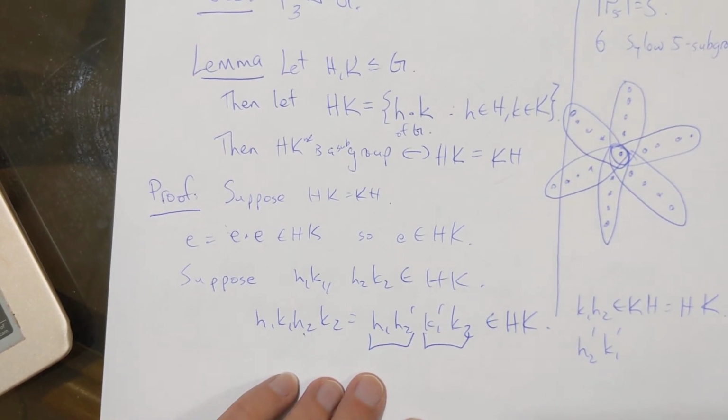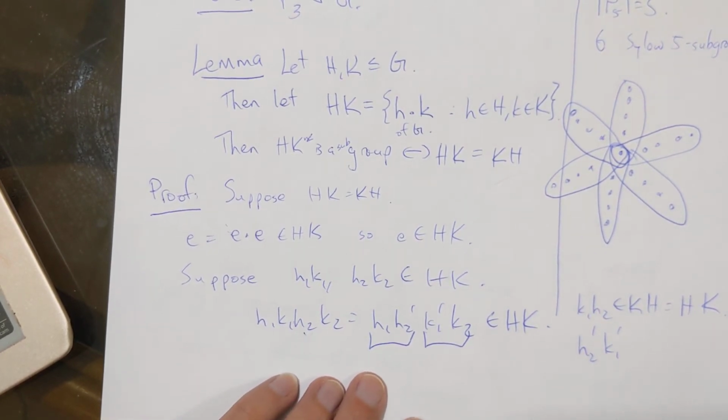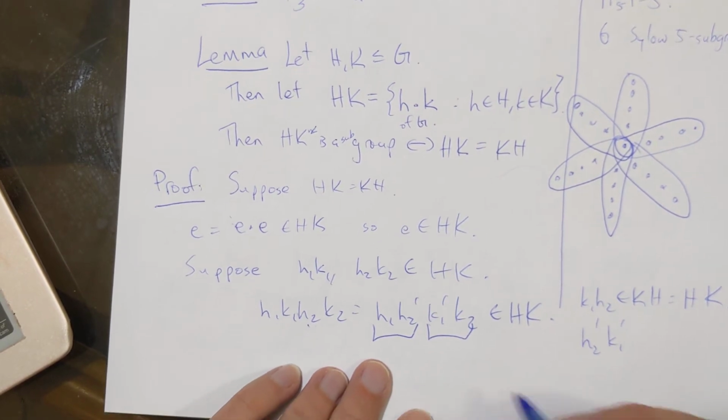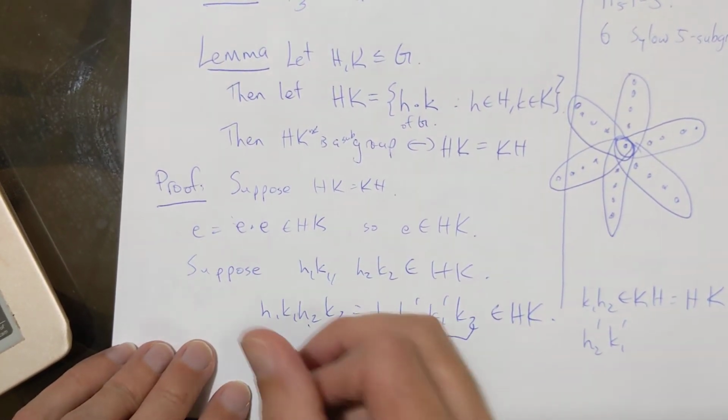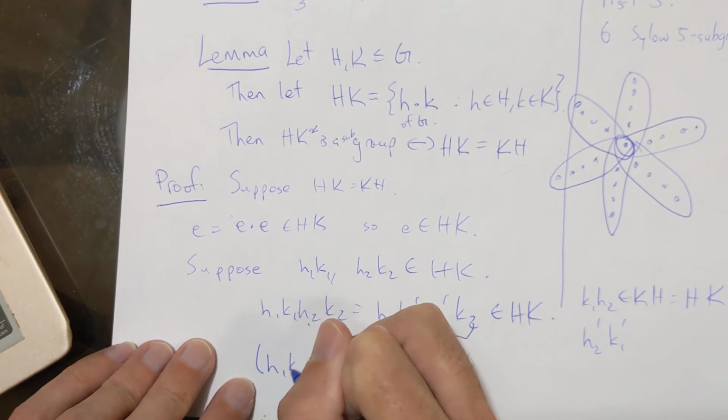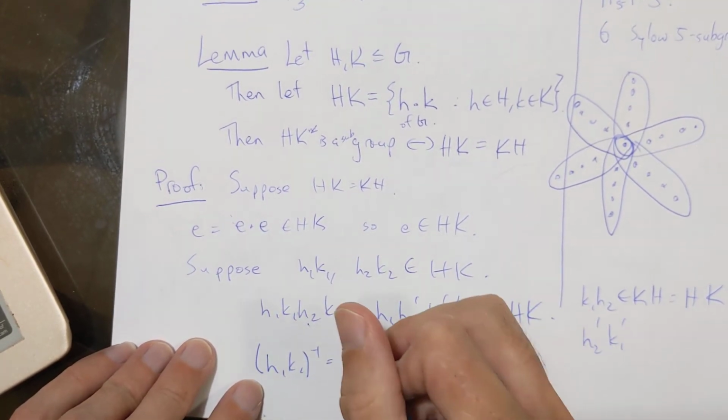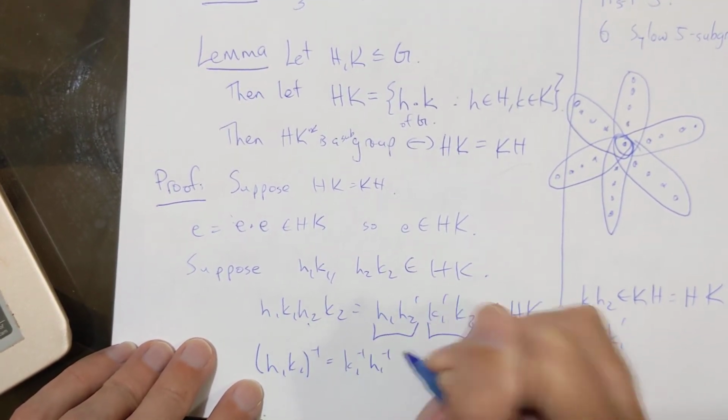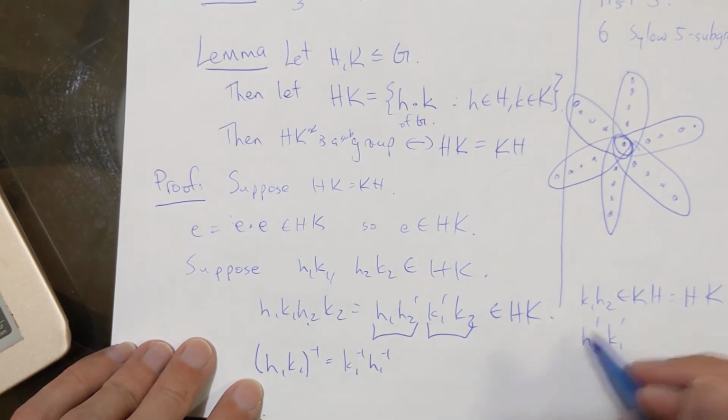Okay, so HK has the identity element and is closed under products. Also, we have to look at the inverse of h1k1. Well, that's just k1 inverse h1 inverse. And again, we use the same trick.